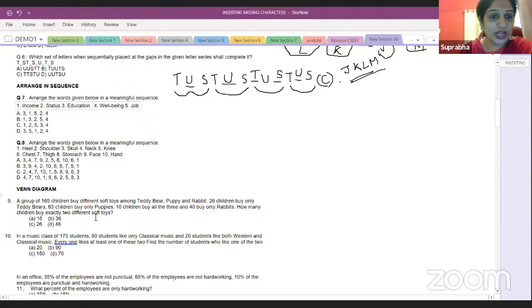So here, when you check what is given, income, status, education, well-being, and job. Obviously in this sequence, education is the first thing which you obtain, so 3, education. Once you're educated, obviously you'll find a job for yourself. So it is 5. After you get a job, you will get salary, you will get income.